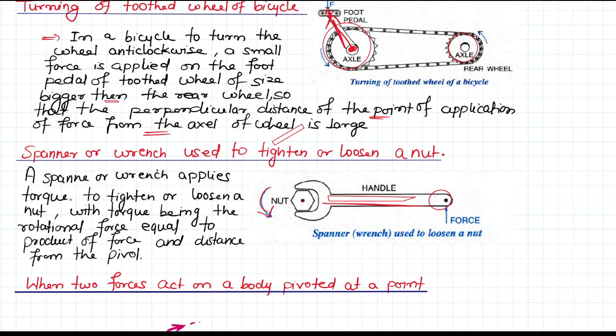A spanner or wrench applies torque to tighten or loosen a nut, with torque being the rotational force equal to the product of force and distance from the pivot. Here the distance is maximum, so torque will be maximum and force will be less. That's why we keep the handle at a distance.